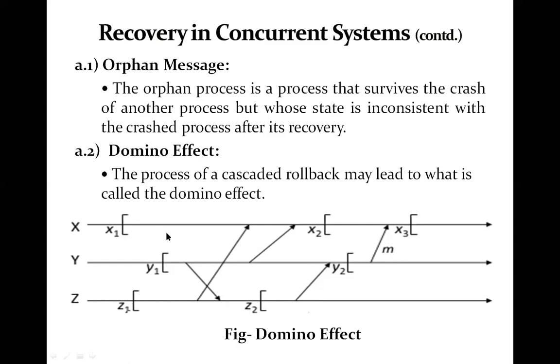This effect, the rolling back of every process to its previous recovery point due to the failure of one process, is known as the domino effect. And the domino effect is caused just because of the orphan message.